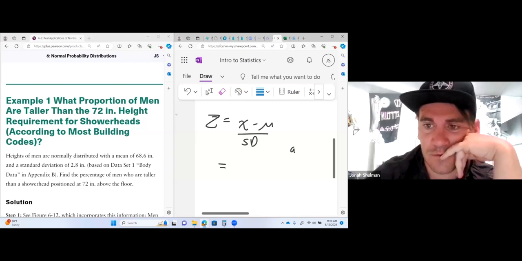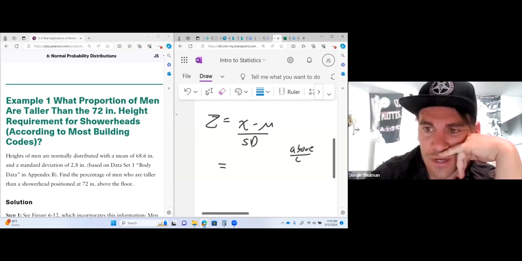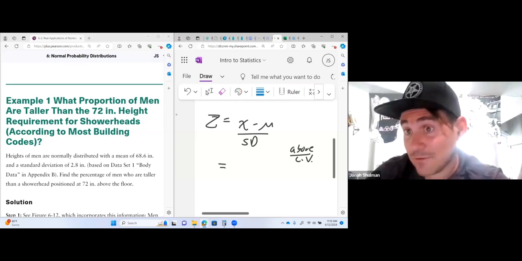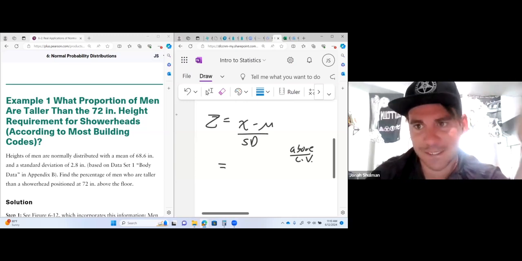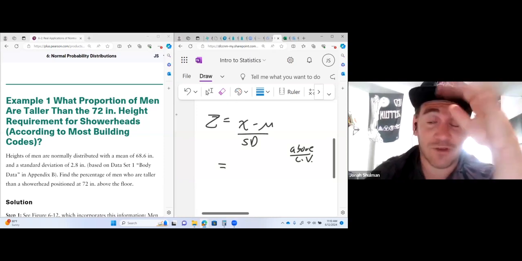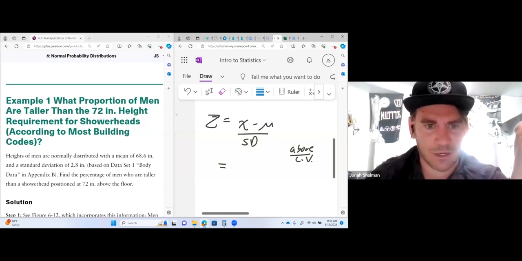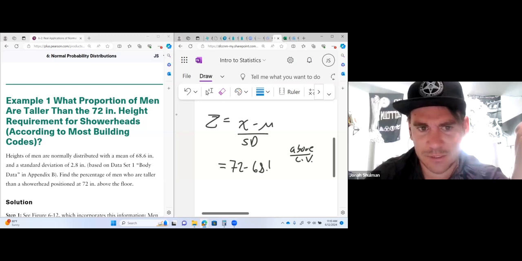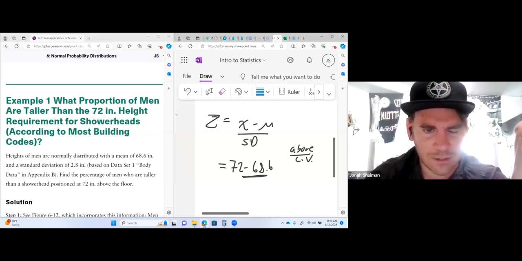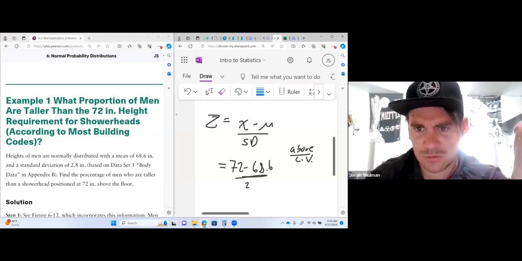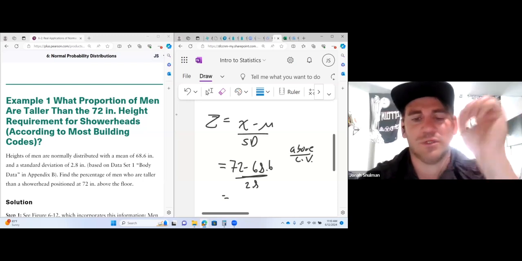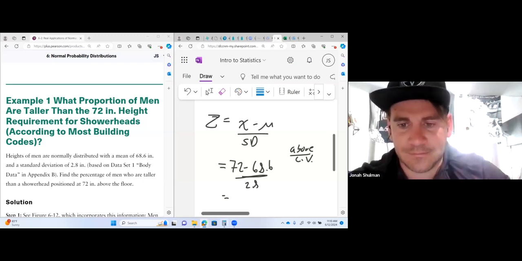So this is above the critical value. Usually we go to the left on the graph, so we'd have to subtract from one, or we can cheat with the StatCrunch thing. Never seen StatCrunch before, but guess what? Here we go. It's 72 minus 68.6 over what? Our standard deviation is 2.8, and this is going to give us what we need.